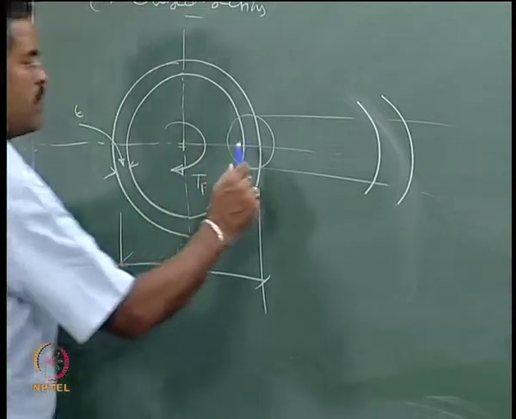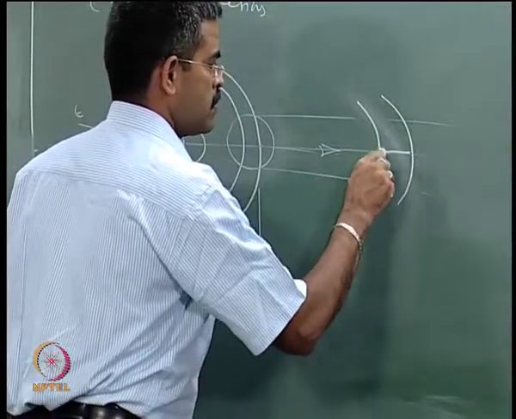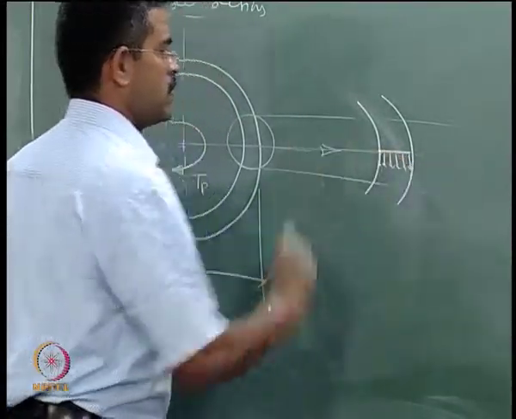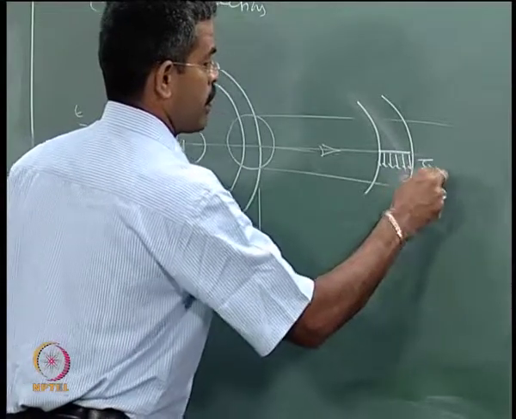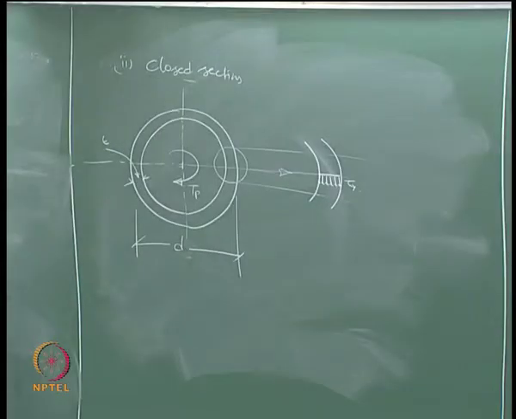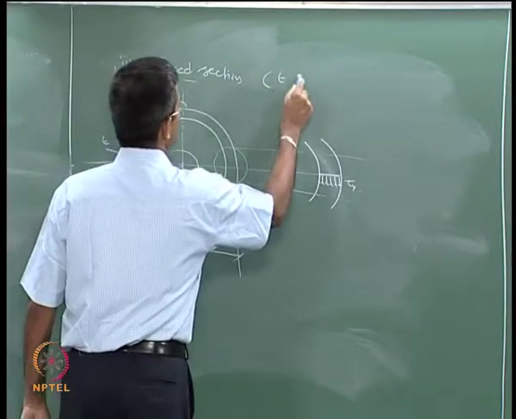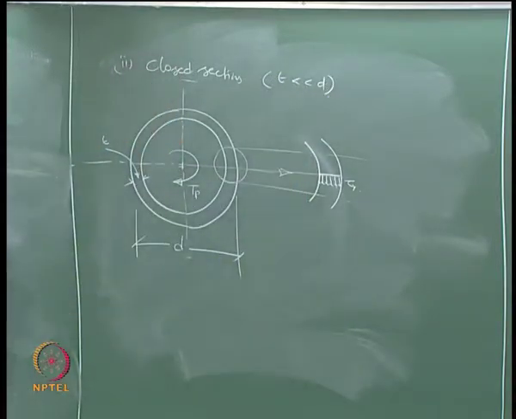At any one specific level, that is the force which is acting on the level, and I call this my tau y. So we are talking about thin walled sections where we say T is much lower than D, okay, please understand that we are talking about thin walled sections.